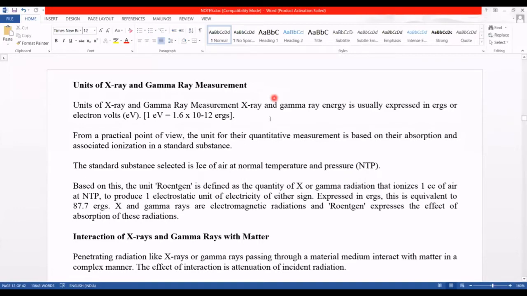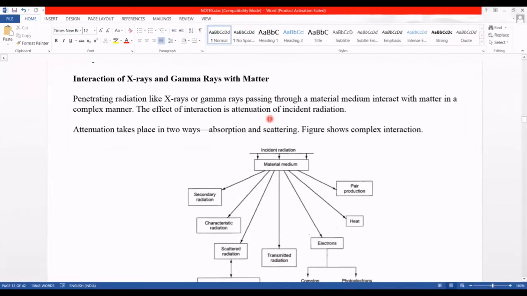The next topic is interaction of X-rays and gamma rays with matter. In radiography, the X-rays or gamma rays fall on the matter and penetrate into it.